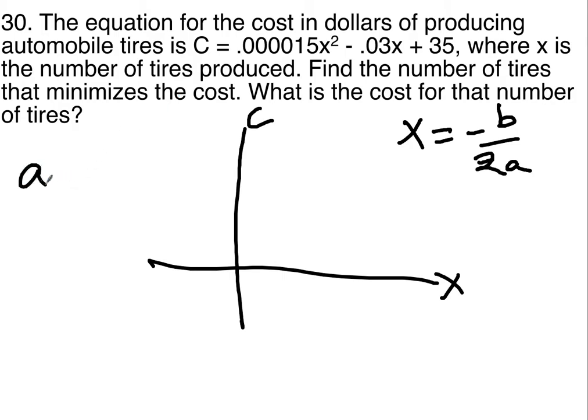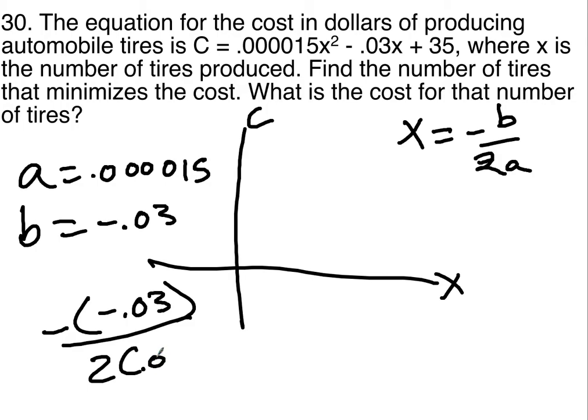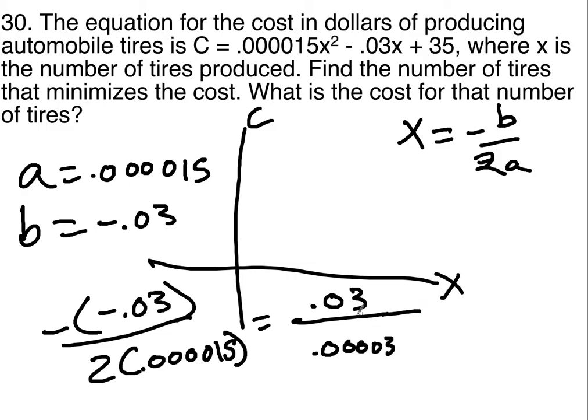So let's find the x value of our vertex, which is at negative b over 2a. In this case, A is equal to 0.00000015. B is equal to negative 0.03. So negative B over 2A is equal to 0.03 over 0.00000030, because it's 0.03 over 30 now.